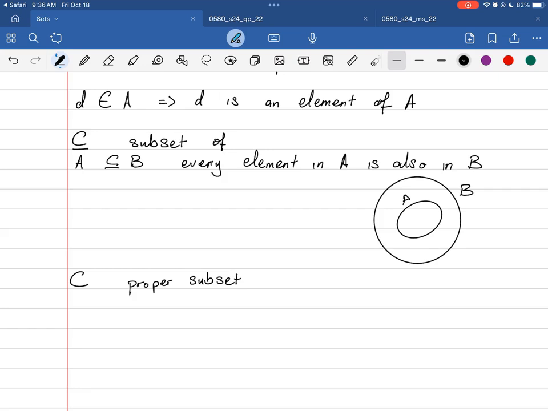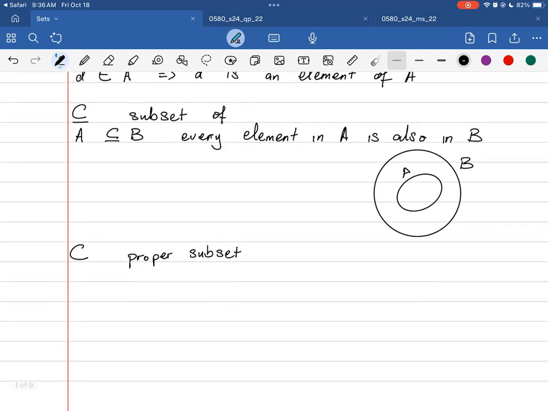If you had A proper subset B, it means that A is a subset of B, but not the same as B. You might ask what's the difference between this and this. Take a less than or equals to sign and a less than sign, which are not the same.